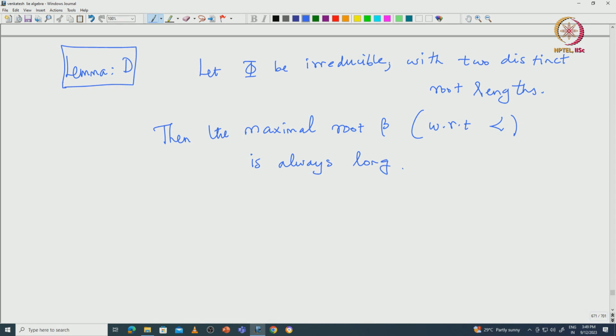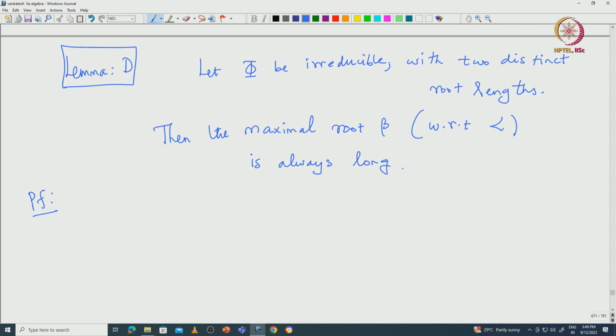Okay. So, this is something very important. So, how does one actually prove this? Again, we have to use the W conjugate action. So, what we can do is start with alpha. Then there exists W in W such that W alpha is inside the fundamental chamber. So, you can replace alpha by W alpha.